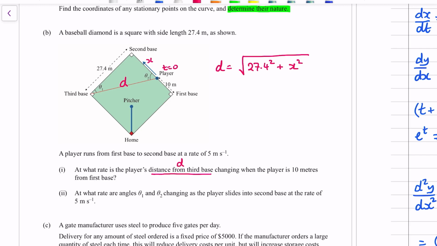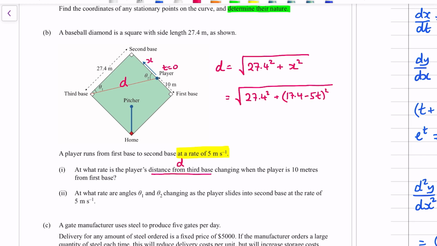So x is initially 17.4, and then it decreases by 5 meters per second because we're told the player is running at a rate of 5 meters per second. So we can switch the x variable out and write it directly as a function of time by putting 17.4 minus 5t in there, all squared.